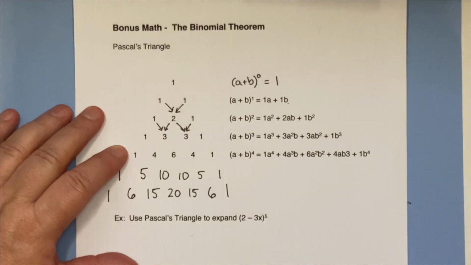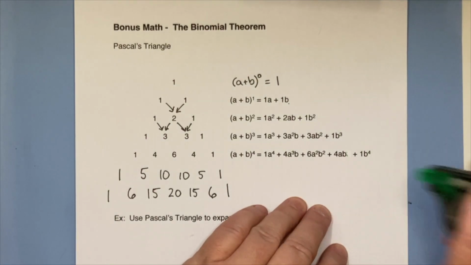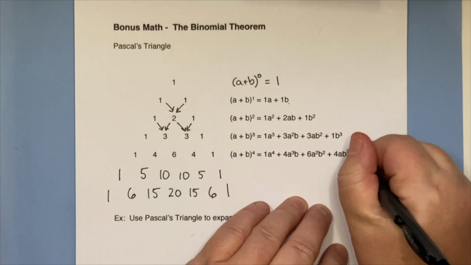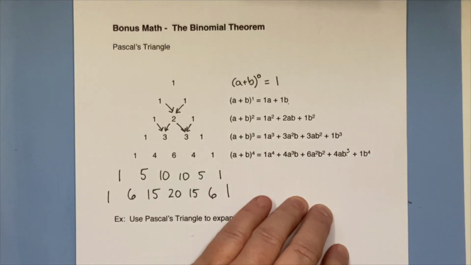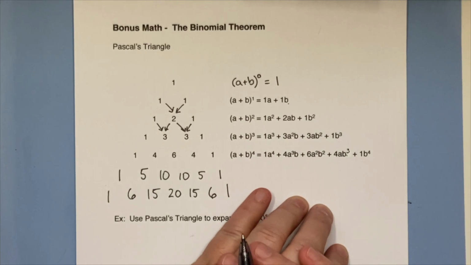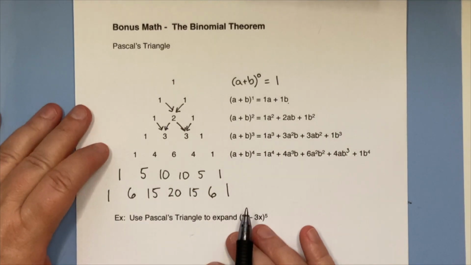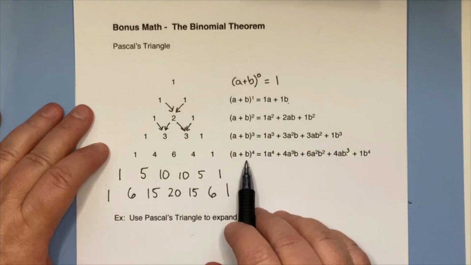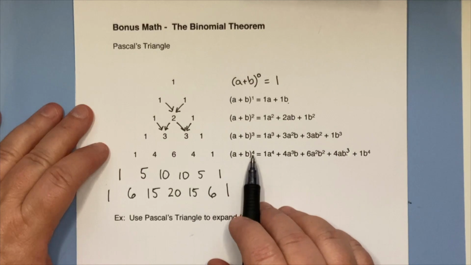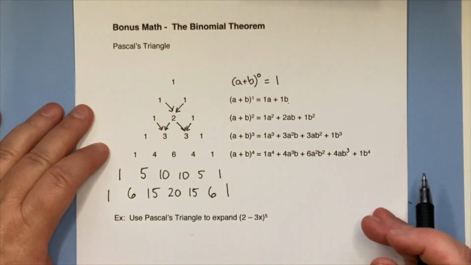And oh, that was supposed to be b cubed. It came out as b times 3. So that should be b cubed. And then 1 times b to the 4th. So this is a way to calculate a binomial expression raised to a power if you don't want to memorize all these formulas.